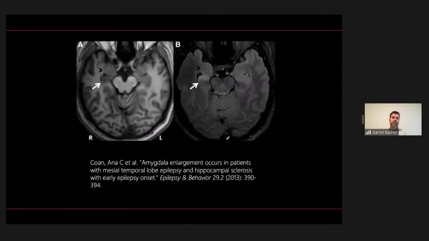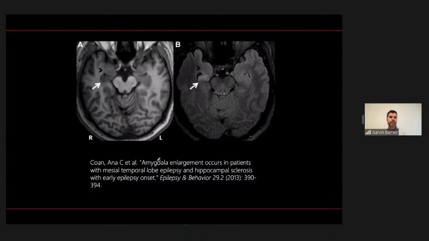Okay, so this definitely happens sometimes, where sometimes it's mesial temporal sclerosis and the amygdala on that same side is also atrophic as a result of the chronic seizures. But sometimes there's something in that amygdala that is actually causing the seizures.